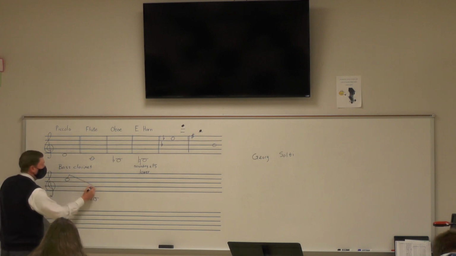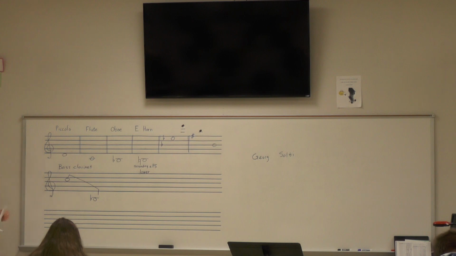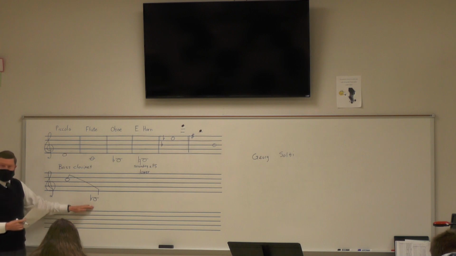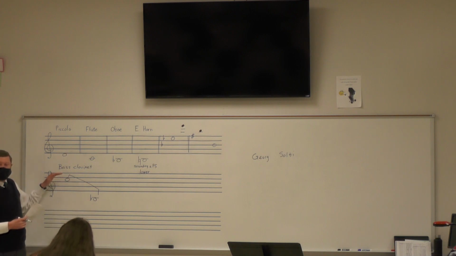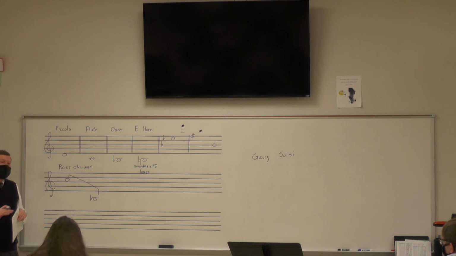So the interval of transposition for the bass clarinet is a major ninth. In other words, it sounds a major ninth lower than written. Therefore, if you're given actual pitches, you need to write those notes a major ninth higher than you want them to sound. Okay? We'll cover that again probably next class.